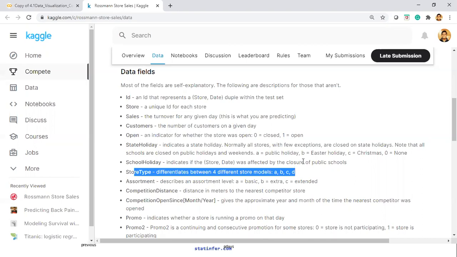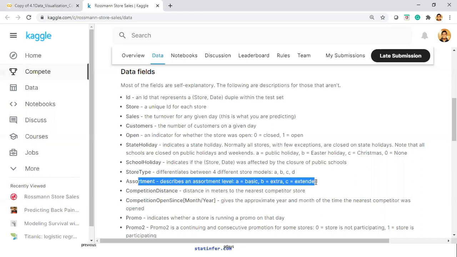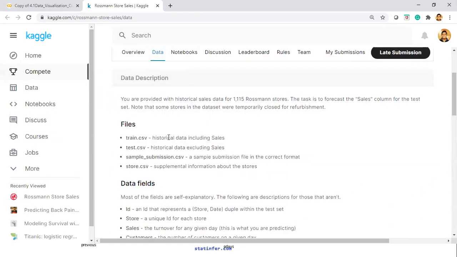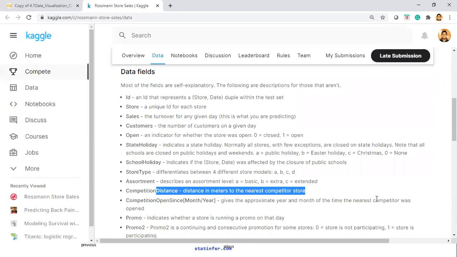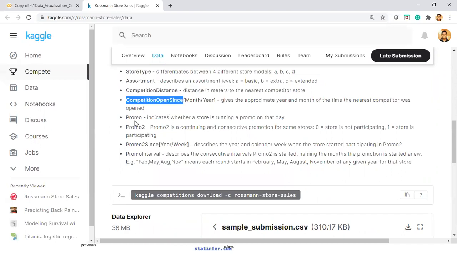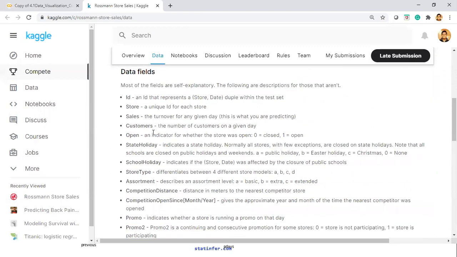Like that, there are different store types. Assortment type: basic, extra, extended. Competitor distance. Competitor distance means, your Rossmann, this particular company is Rossmann, maybe some other Walmart or Target, which is a competition, who is nearby. Competition open since which month, whether promotion is running or not, whether promotion 2 is running or not, promotion interval. This is the data that we have.